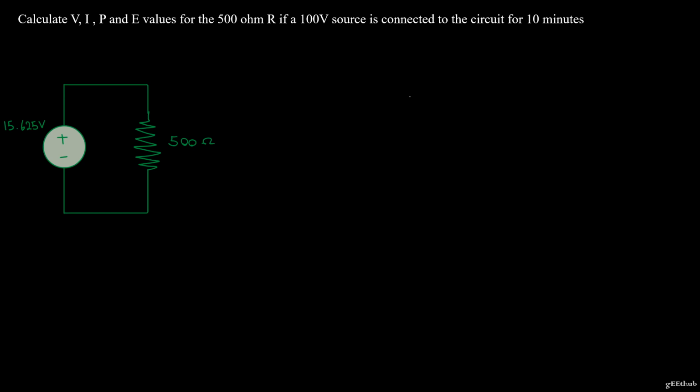So we know the voltage across our 500 ohm resistor is equal to 15.625 volts. Using Ohm's Law, I can calculate current now.